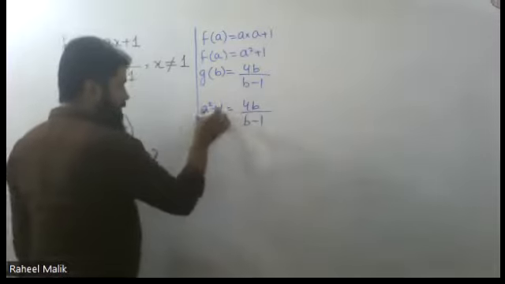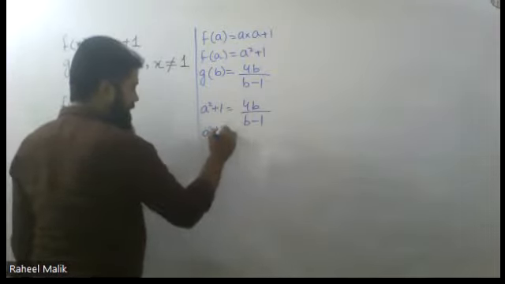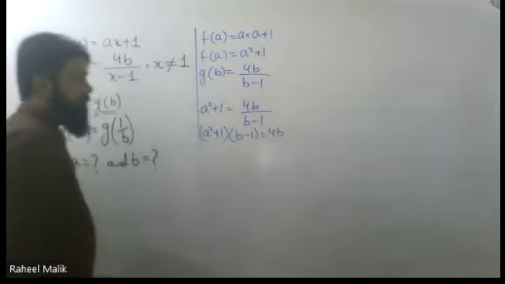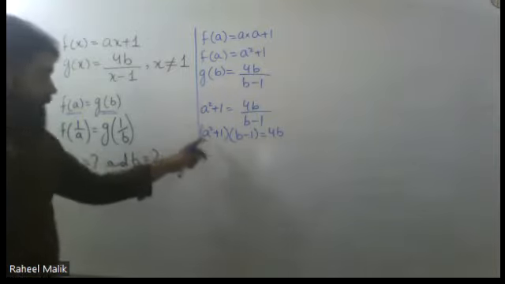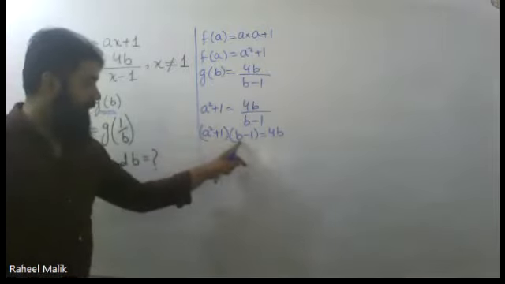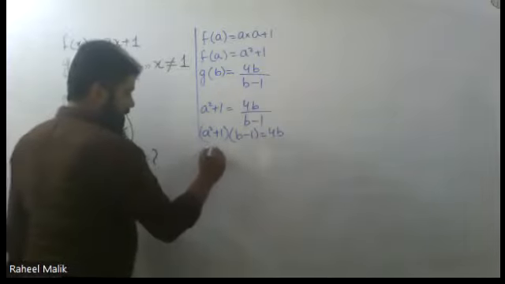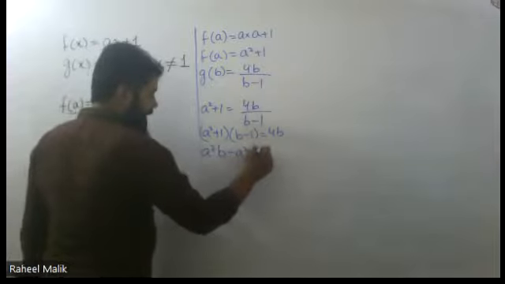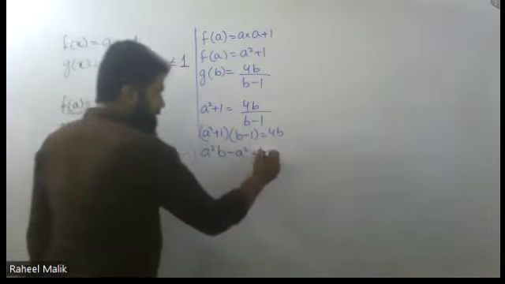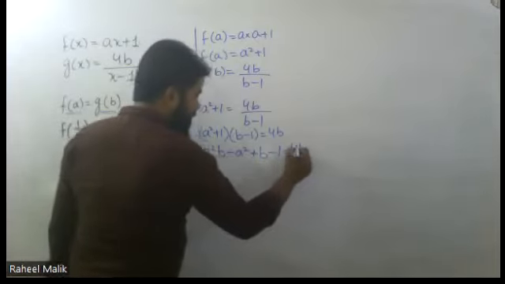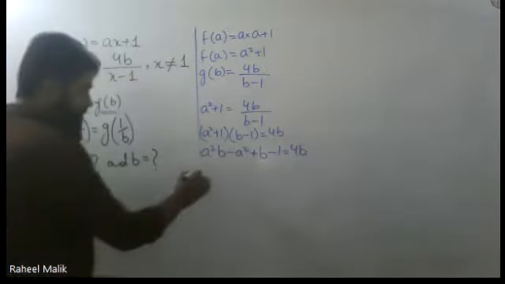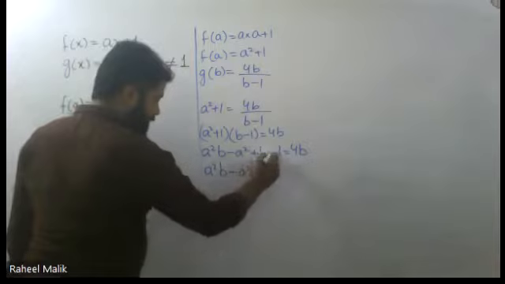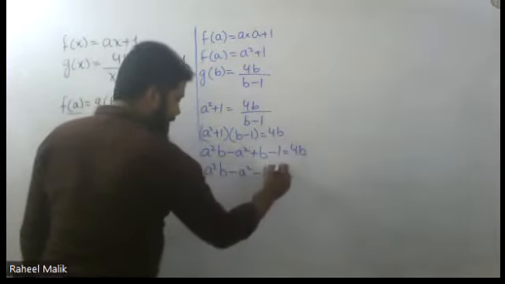Simplifying it, shifting b minus 1 over here, a square plus 1 into b minus 1 equals 4b. Expanding it, a square multiplied by b gives a square b, a square multiplied by minus 1 gives minus a square, plus 1 into b gives plus b, and plus 1 times minus 1 gives minus 1, equals 4b.